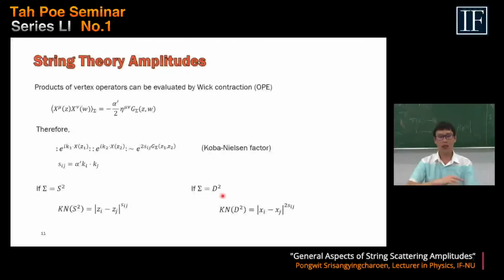And then if our worldsheet has the topology of a disk or the D2 here, the Koba-Nielsen factor is basically the same, but instead of Z, it turns out to be X, where X is just the boundary value, which is real, and because we consider the topology of the disk, it can be mapped into the upper or the lower half of the complex plane, so that the boundary can be thought of basically as the real axis.